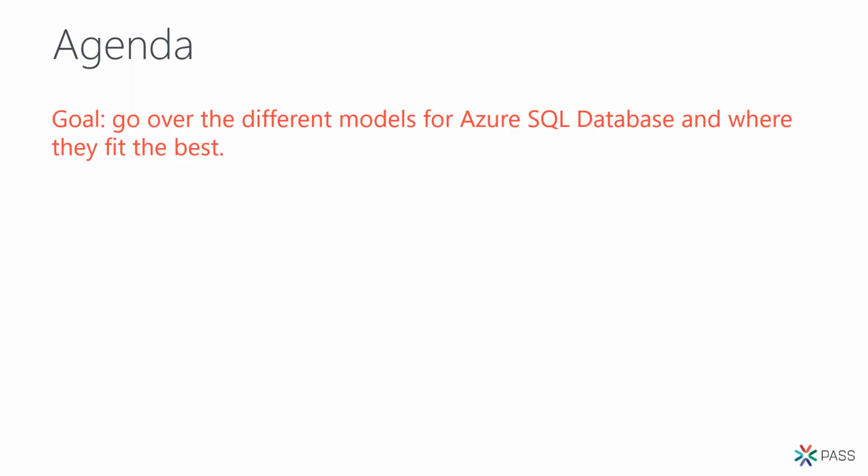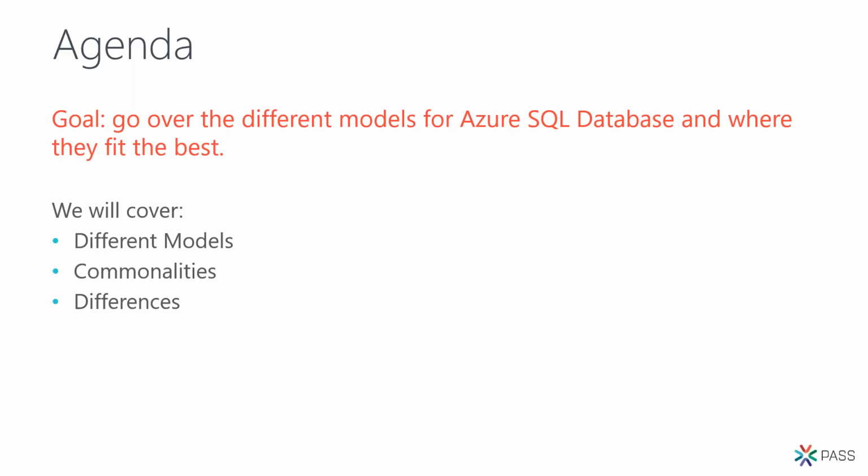So it's important to know when to use which one. So we're going to cover the different models that they have and the different offerings. We're going to see what's in common for most of them. We're going to see what's different between each other. We're going to have some kind of questionnaire type of Q&A so you can find the best match for whatever you're trying to do.